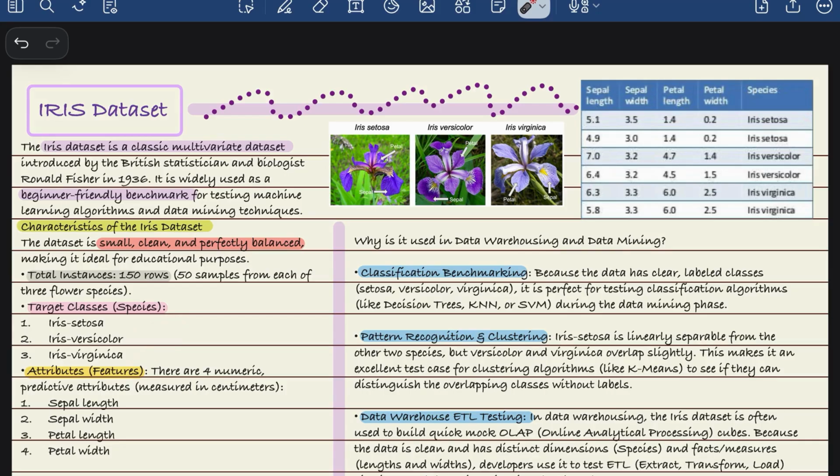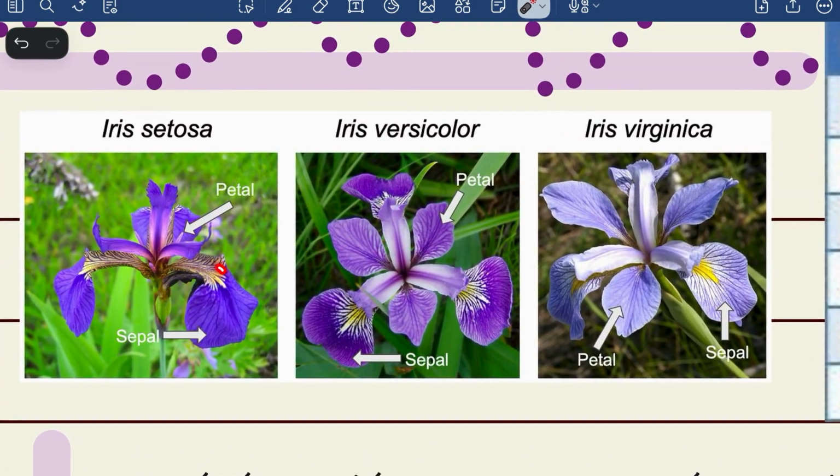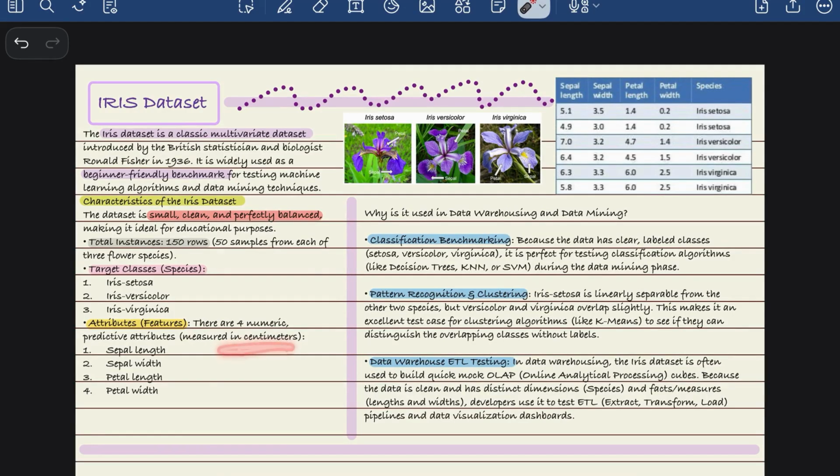Then we have 4 numeric columns: sepal width, sepal length, petal width and petal length. So you see over here in detail, this is the sepal, right? This is the sepal width and sepal length, and then there is petal width and petal length. These are the 4 columns included, and they are measured in centimeters.